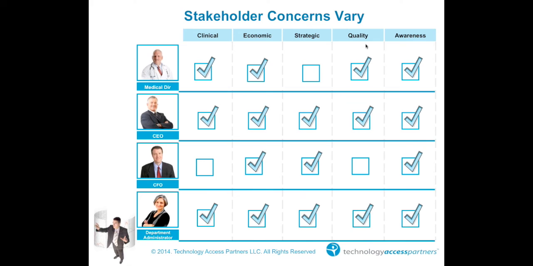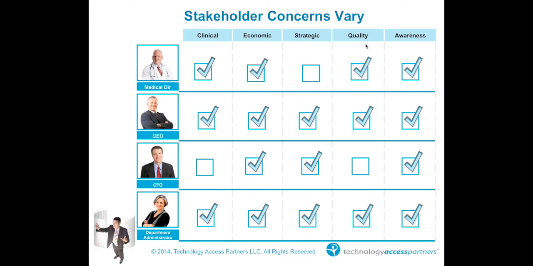So number 1, clinical. Everybody, including the CFO now, has started to focus a little bit on clinical. Wasn't always the case, but again, because of affordable care, they have to start focusing as well. But if you look at the primary concerns, medical director, clinical, economic, quality, awareness.